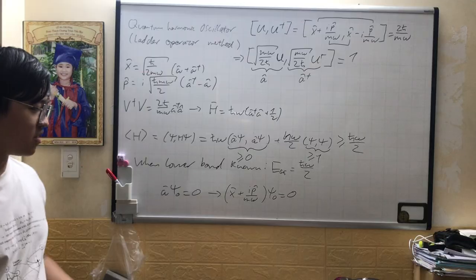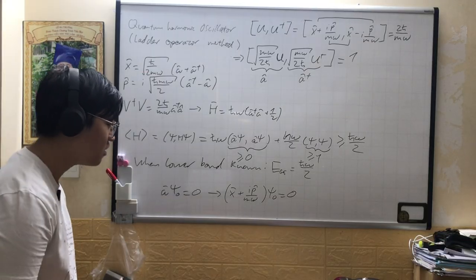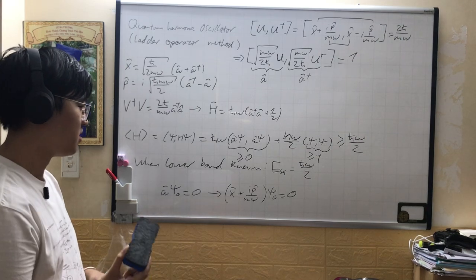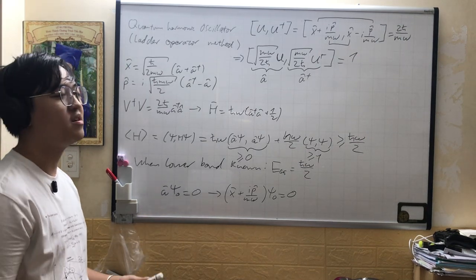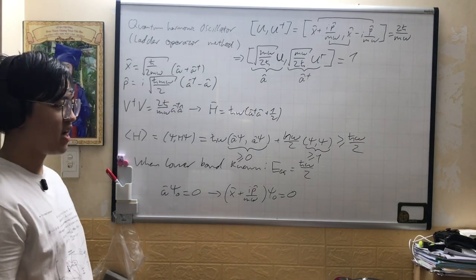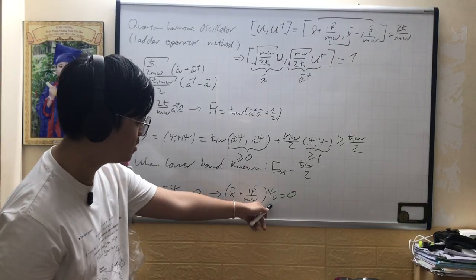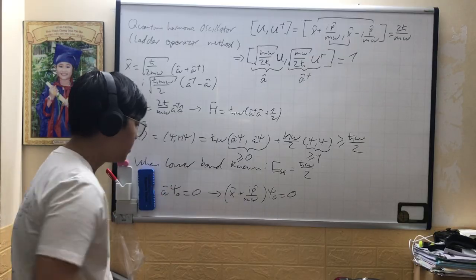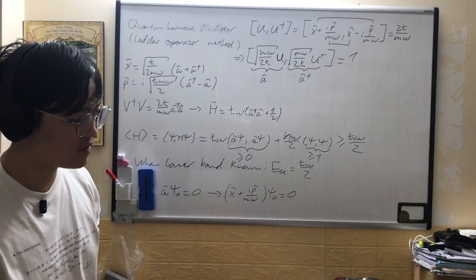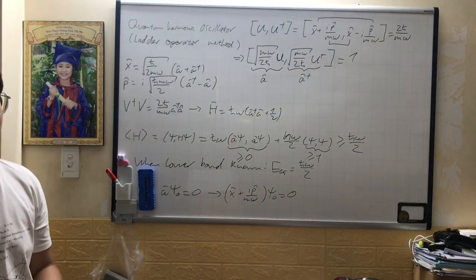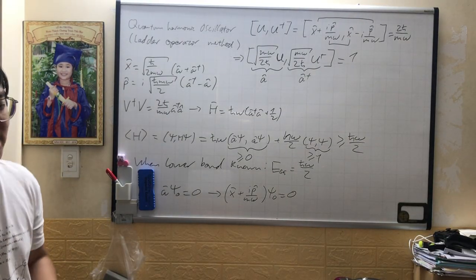Now you can see the wonder here: a normal time independent Schrodinger equation would have the second order derivative, but to get this ground state, we only have to deal with the first order derivative. So that is just so much more convenient on our end.